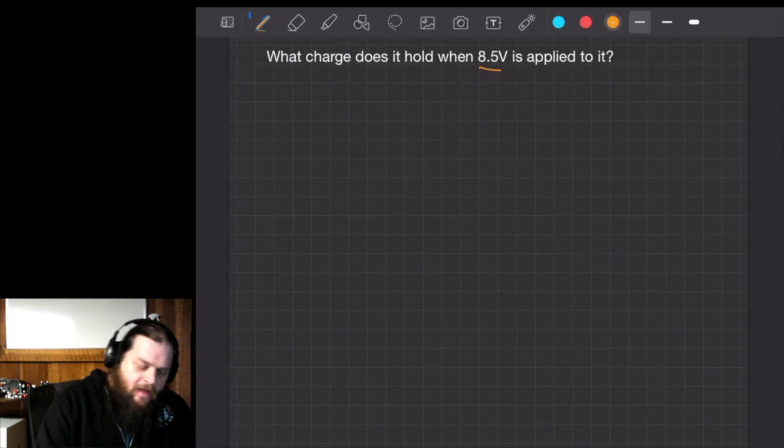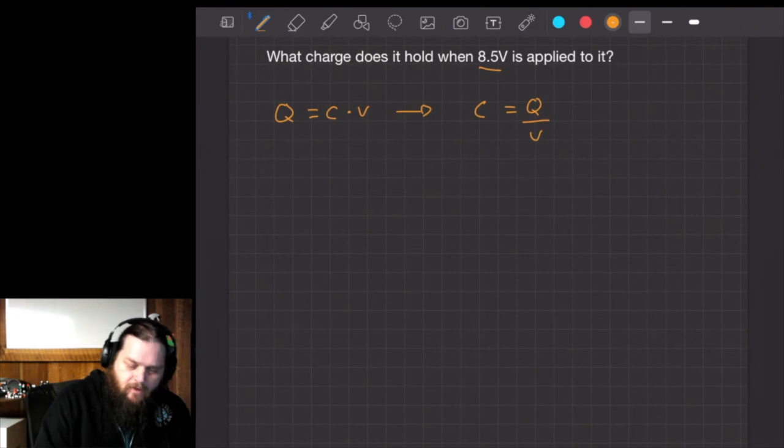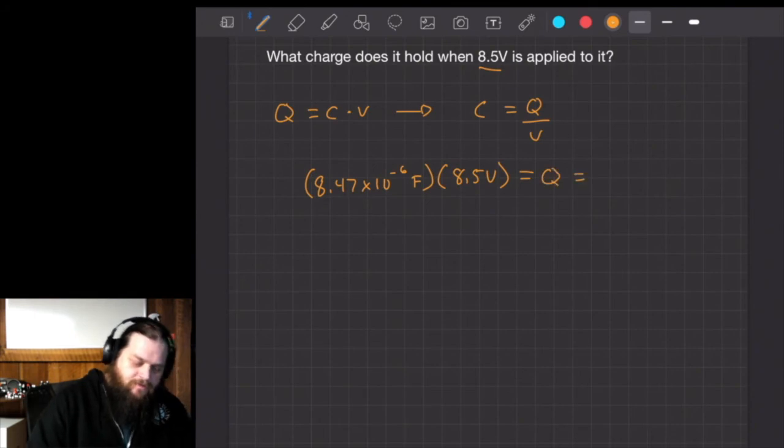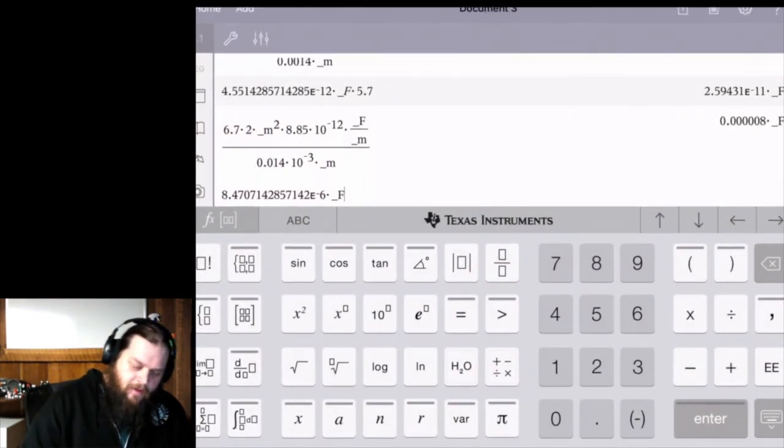If we apply that 8.5 volts, that's really just saying that Q is equal to CV, which comes from the relationship that the capacitance is equal to the charge divided by the voltage. So we know the capacitance is 8.47 times 10 to the negative 6 farad. When we multiply that times that 8.5 volts, this is going to equal the charge.